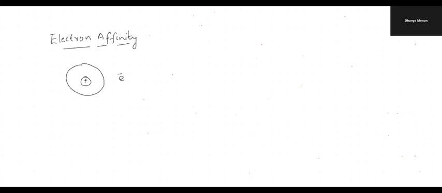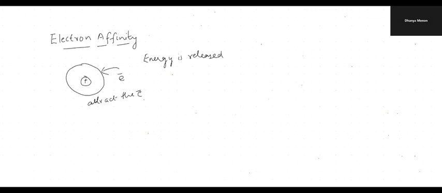The nucleus will try to attract the electron towards itself, and this electron goes to the valence shell. When this happens, some amount of energy is released.